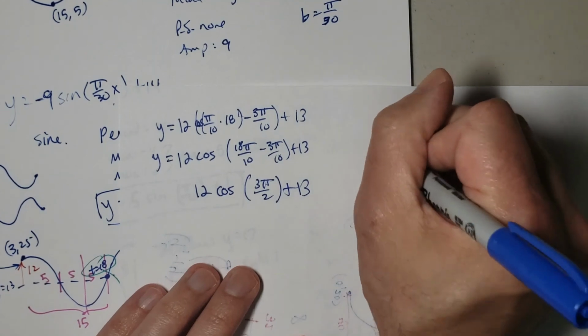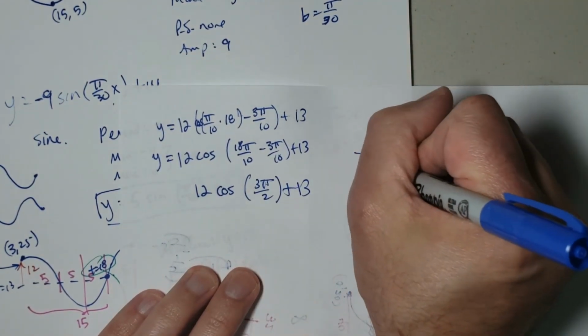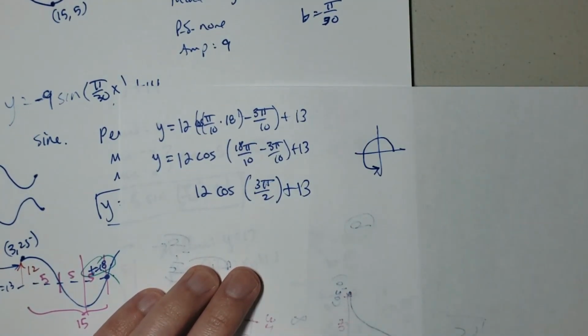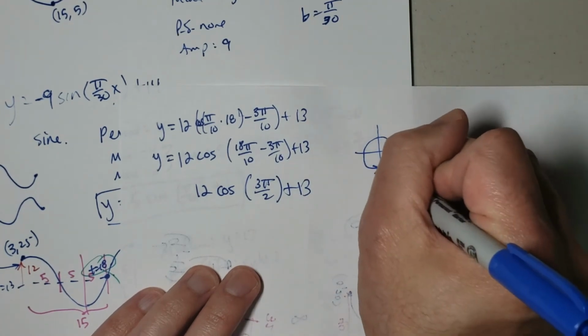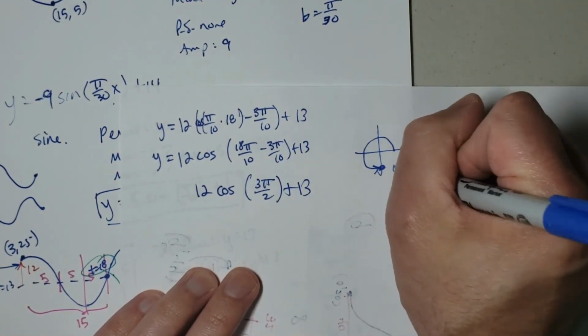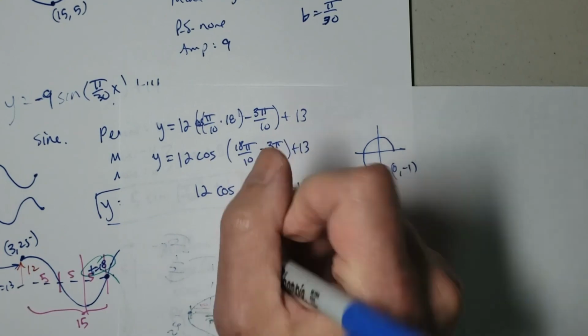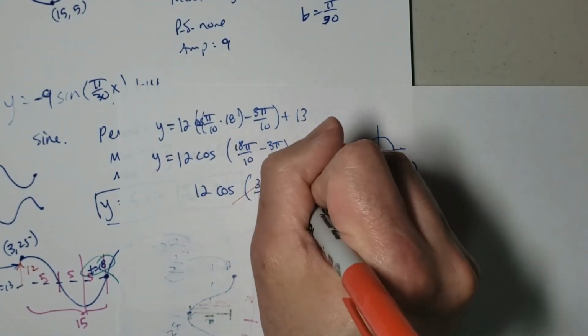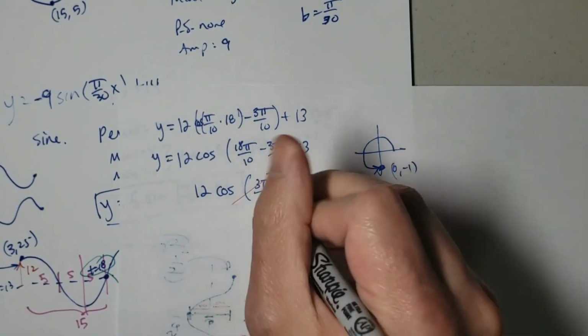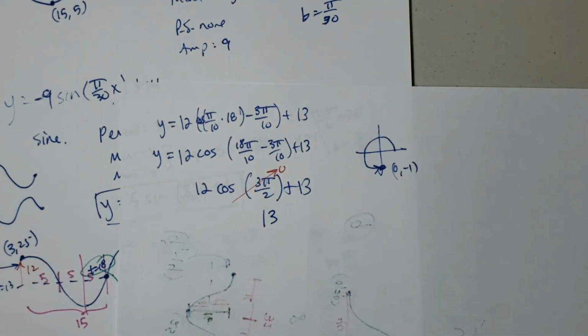Cosine of 3 pi over 2, which is 1.5 pi, is that angle down there. Cosine of that point is the x coordinate, which means that this whole thing is going to be 0. So 12 times 0 is 0. This is going to be 13.